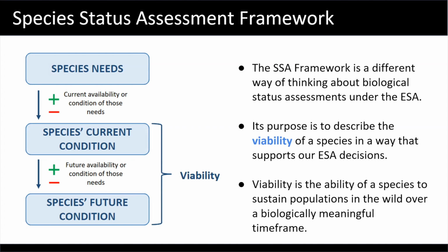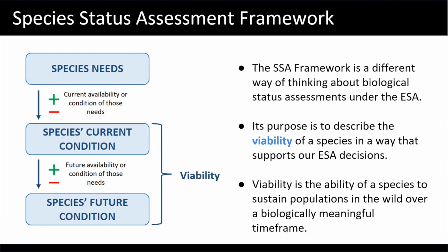It's associated with population size, growth rate, gender ratios, habitat quality, and quantity. Redundancy is the ability for a species to withstand catastrophic events for which adaptation is unlikely. It is associated with the number and distribution of populations. Representation, finally, is the ability of a species to adapt to changes in the environment, and it's associated with the species' ecological, genetic, behavioral, morphological, or any other form of diversity.